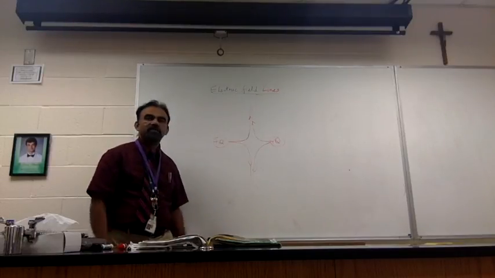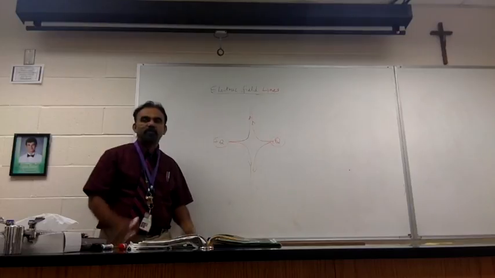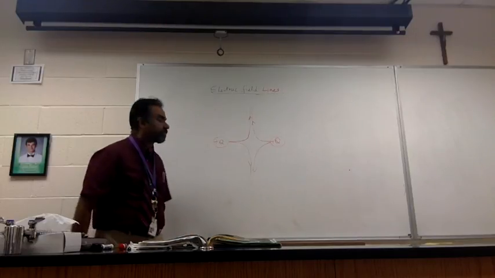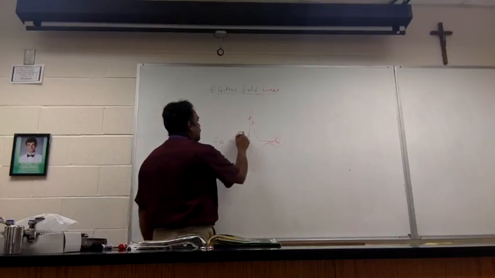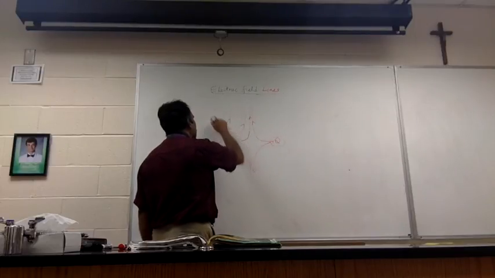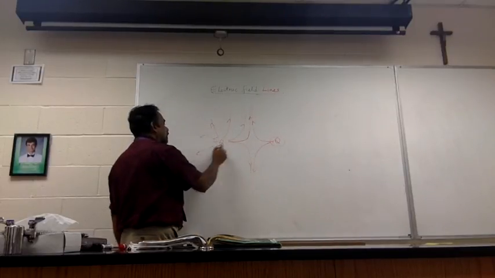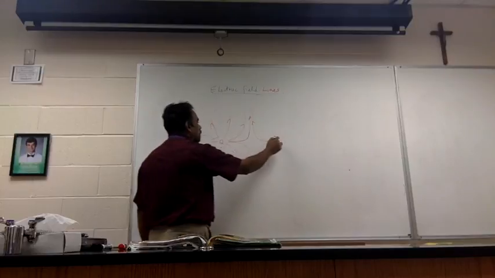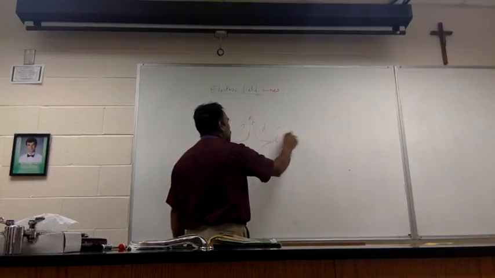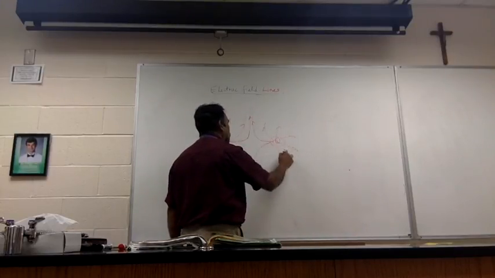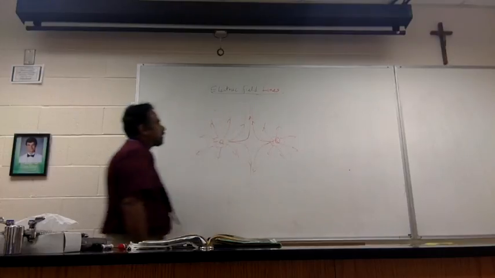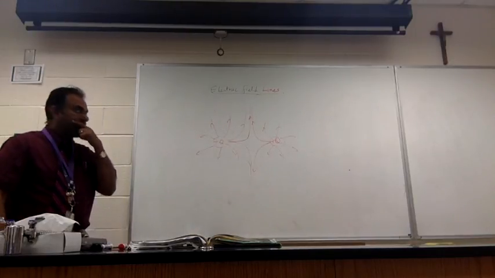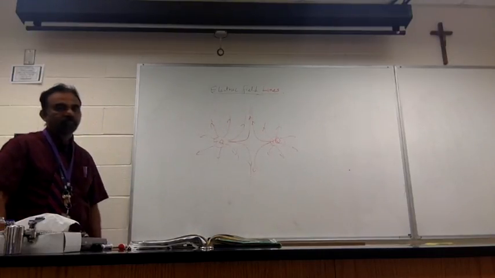That's like a null point. It's a place where nothing comes. Electric field is zero. And around it like that. So the electric field pattern is going to look like that.